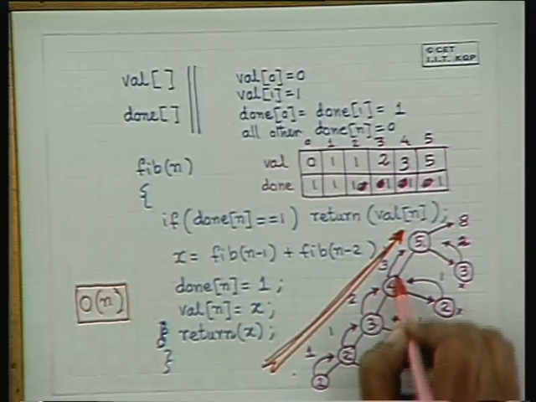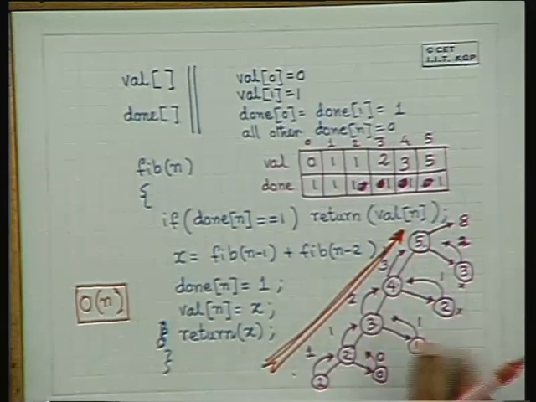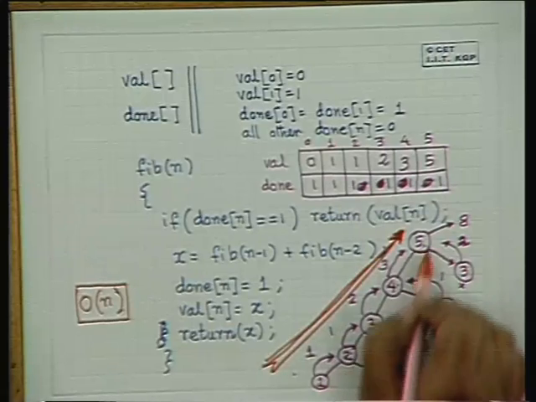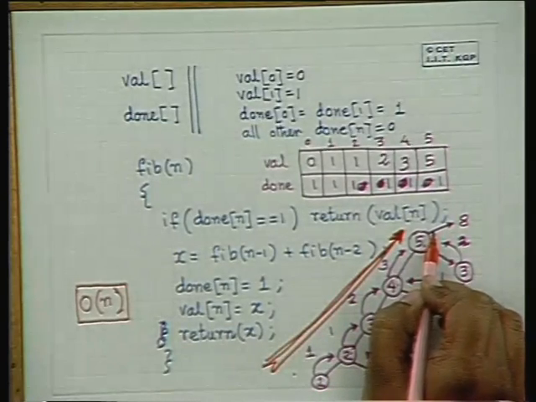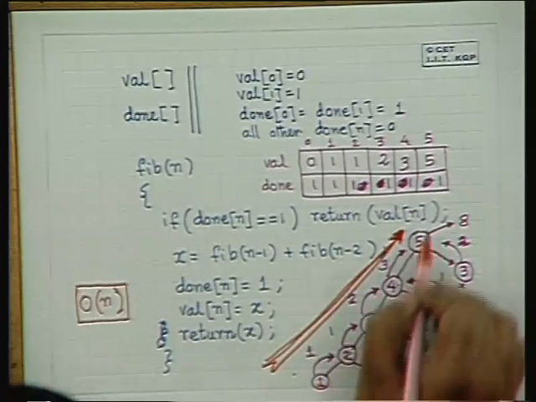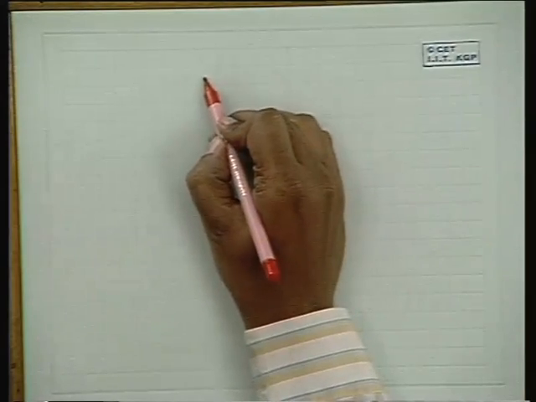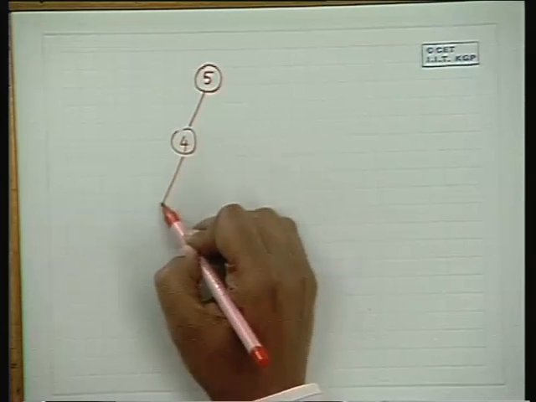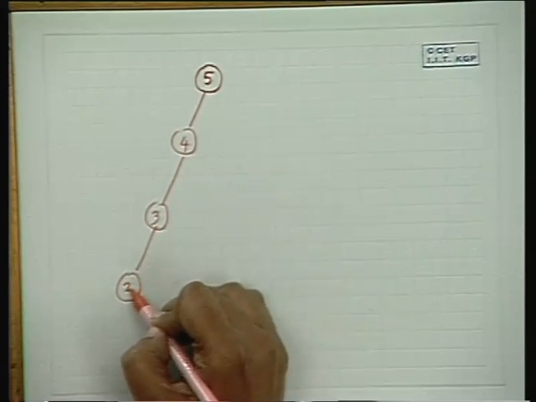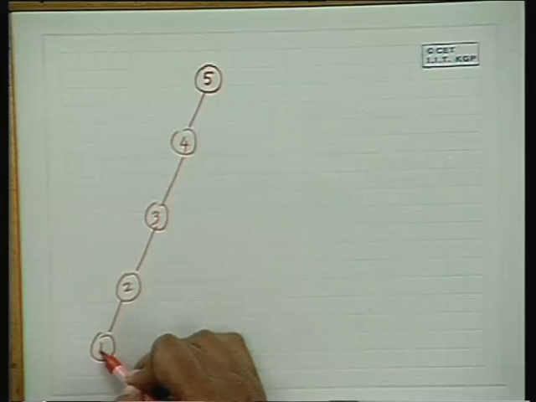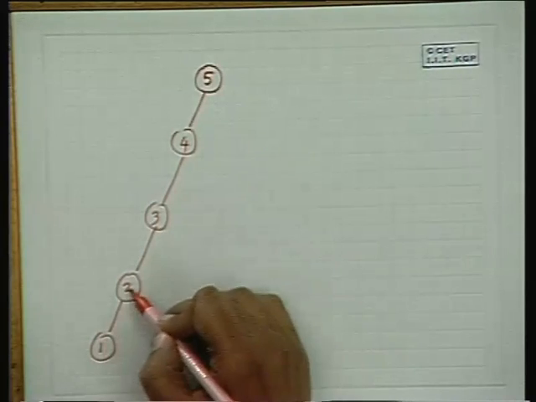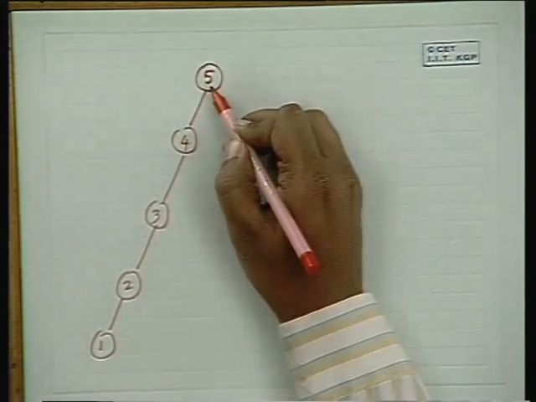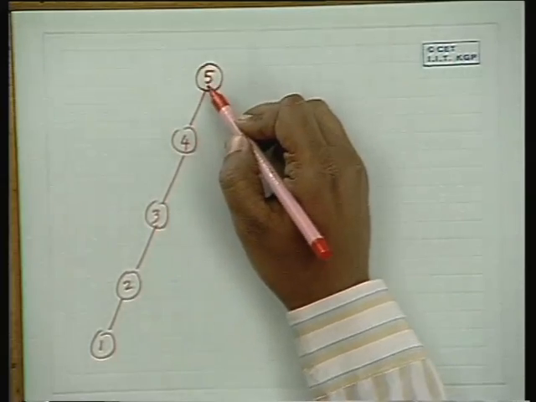So the best way to compute this is to compute it bottom up yourself now, because now we have understood how to do it. So we compute it backwards up. That is, in order to compute 5, we know we have to compute 4, we have to compute 3, we have to compute 2, and we have to compute 1. And then we know 1 and 0. So we might as well compute from 2 backwards up, because that is the data dependency.